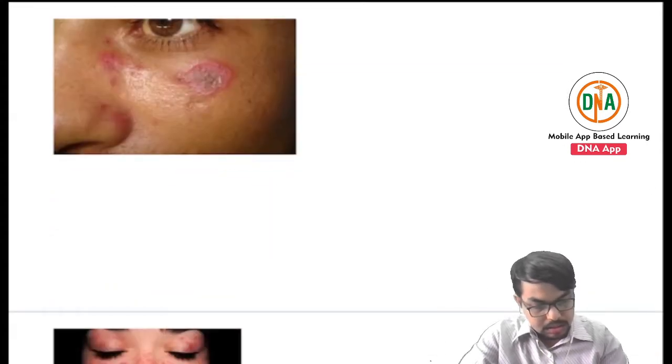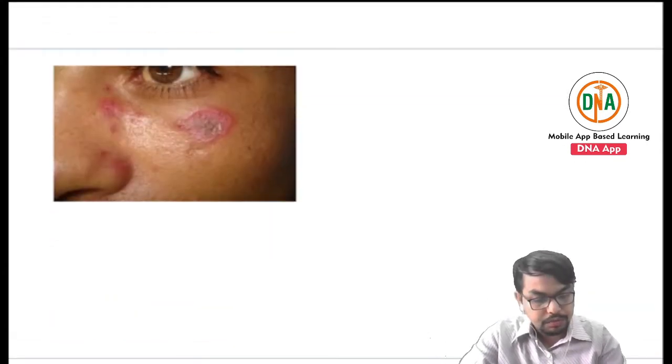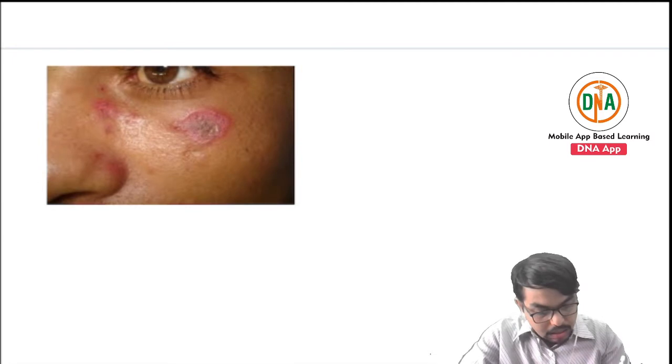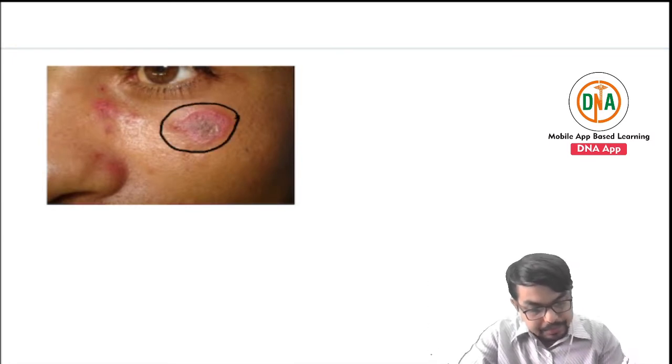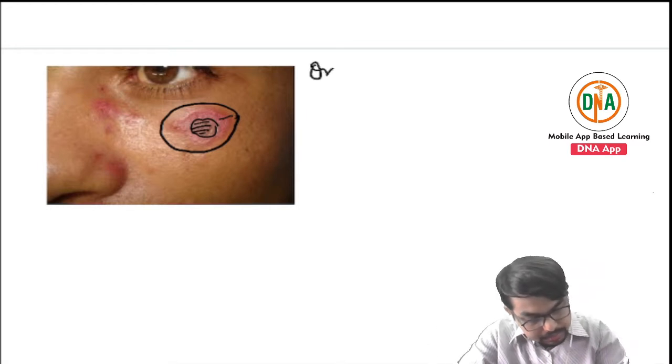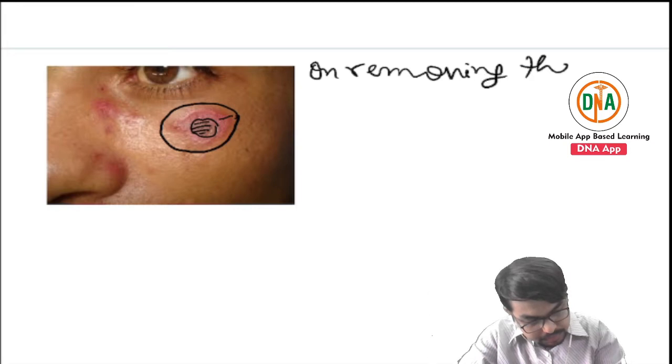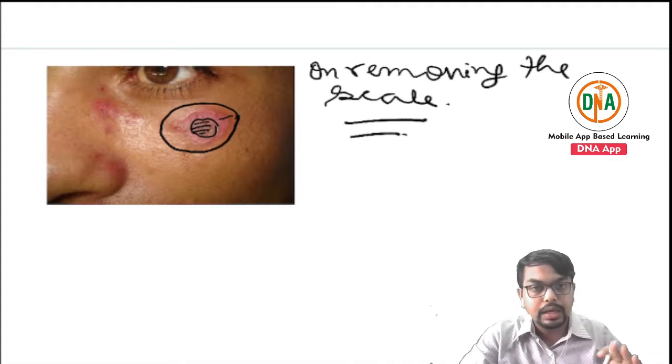See, this is a clinical picture of DLE. A disc-shaped plaque. Erythema is also visible. This part is the adherent scale. On removing the scale, what do we get?